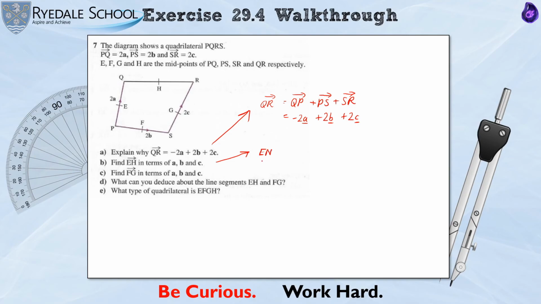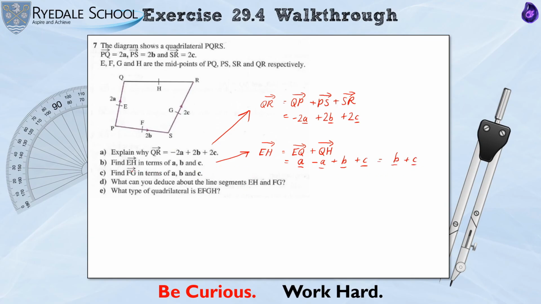So E to H, it's a funny looking H. E to H could be E to Q, and then Q to H. And we already know E to Q must be half of this, which is A. And we already know that Q to H must be half of what we've just worked out as QR. So I'm just going to halve all of this. So it's negative A plus B plus C. And what you'll notice there is your positive A and your negative A cancel. And I just end up with B plus C.